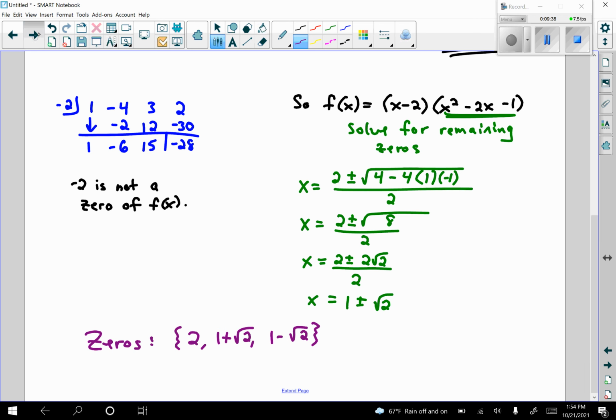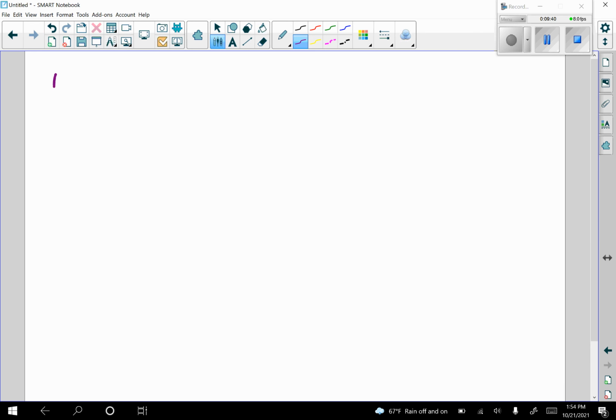All right, let's take a look at another theorem. This one is called the fundamental theorem of algebra.